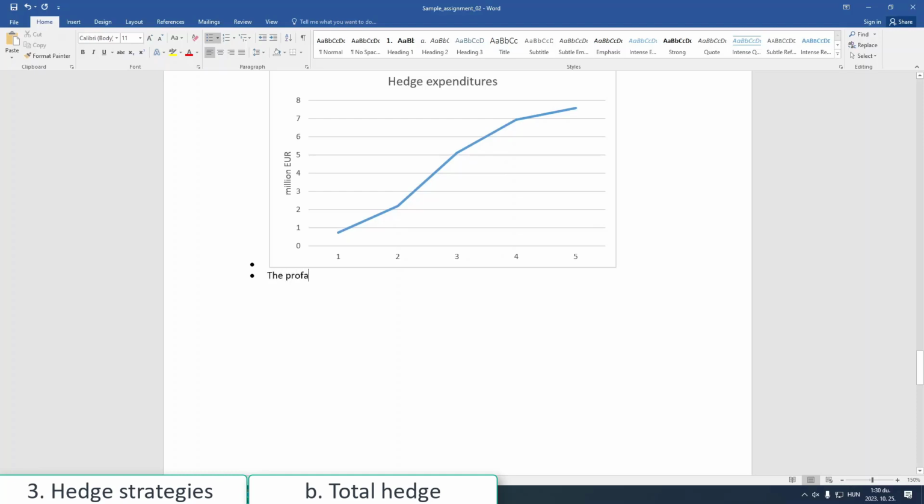So we can say that the profit and the value is similar to the previous scenarios, the original.